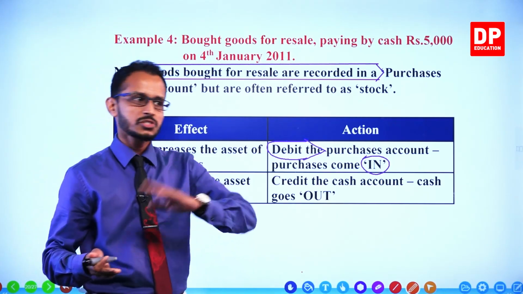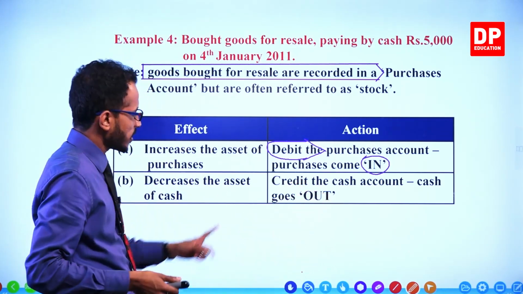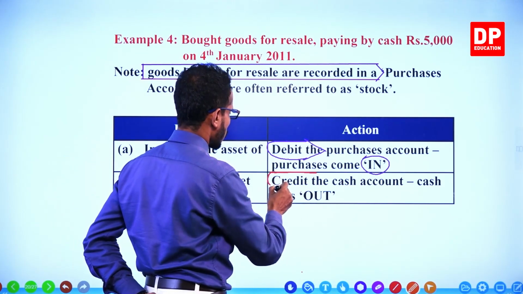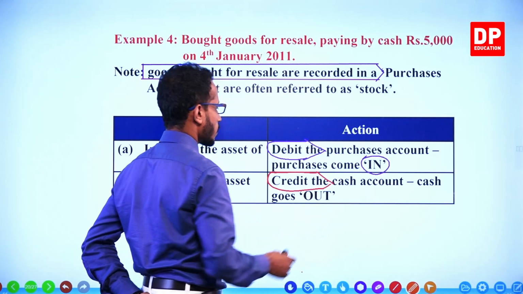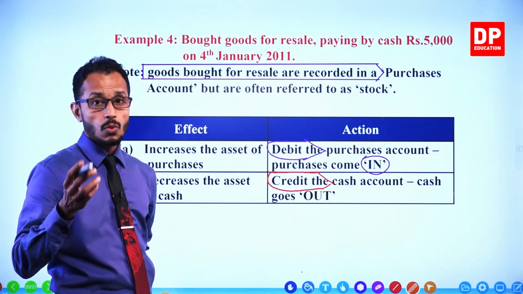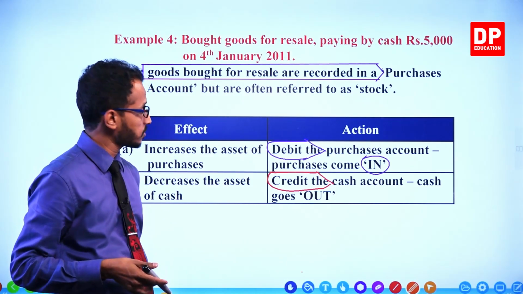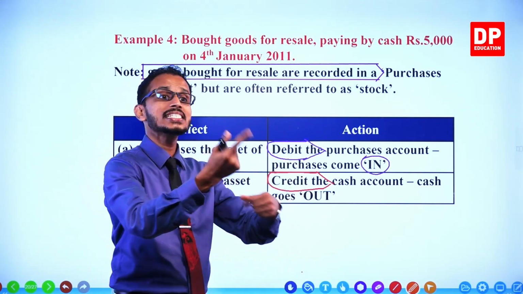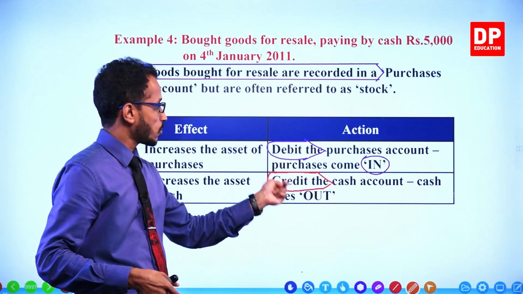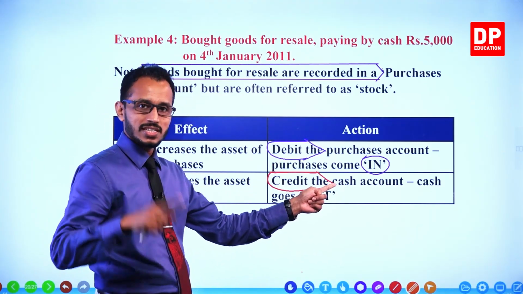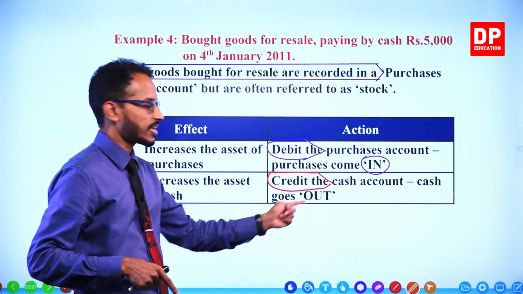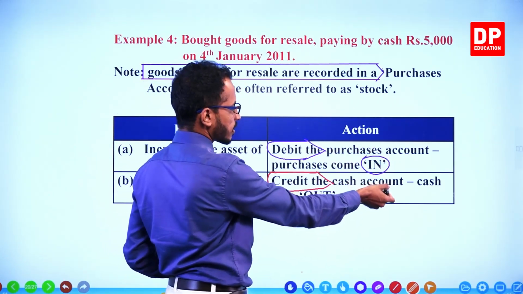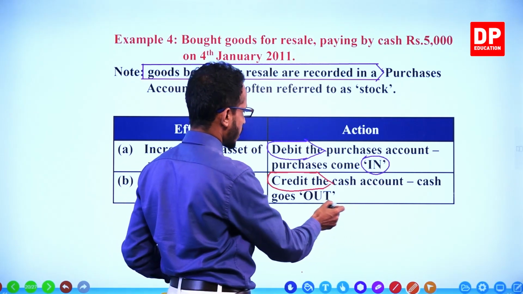So out goes the cash, out into the credit side. So out is cash. So cash account, credit side. Debit to the Purchases Account, credit to the Cash Account, because cash goes out.